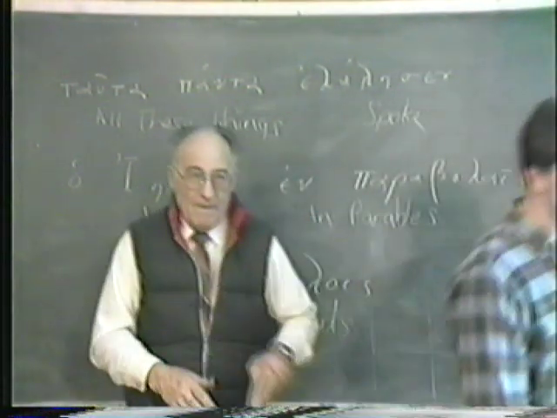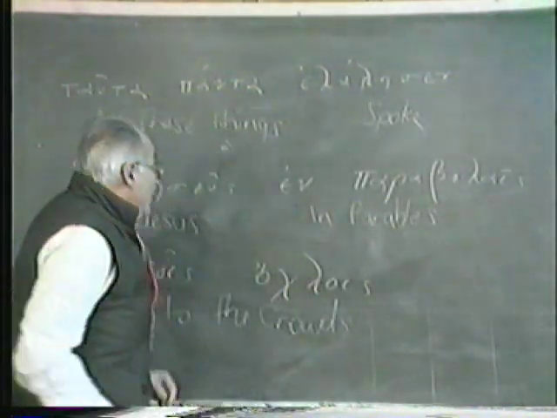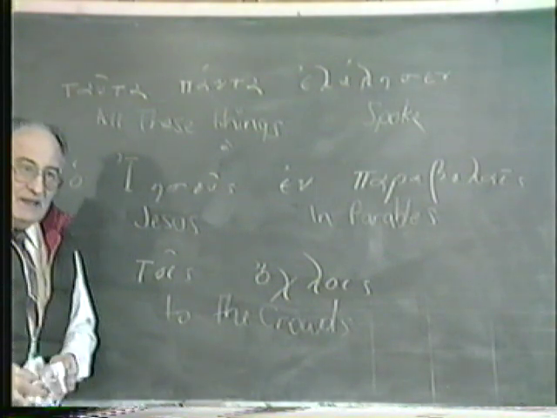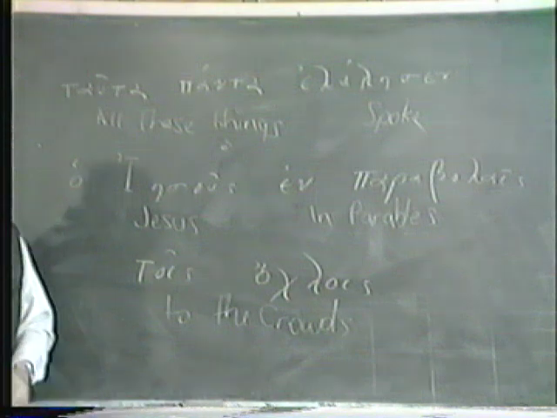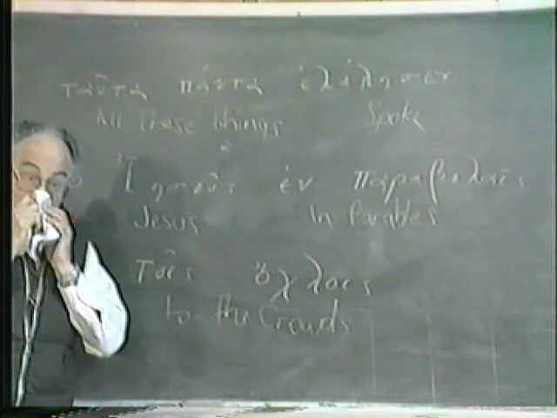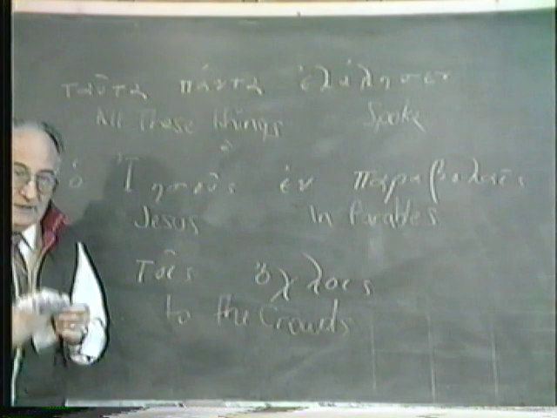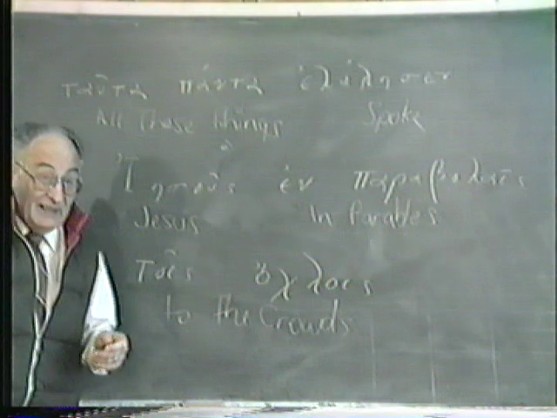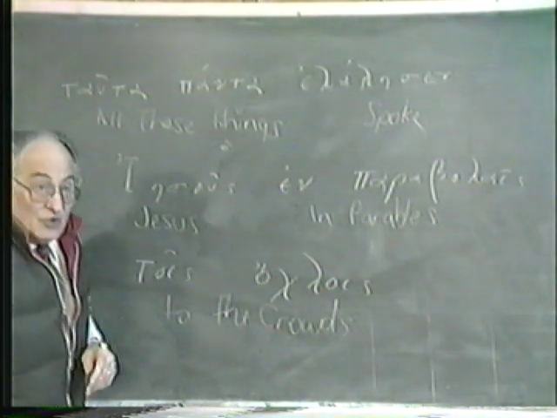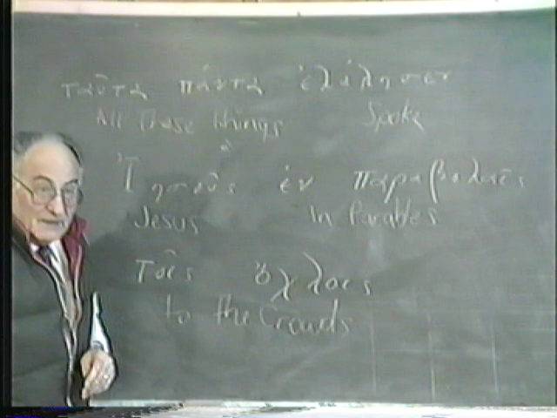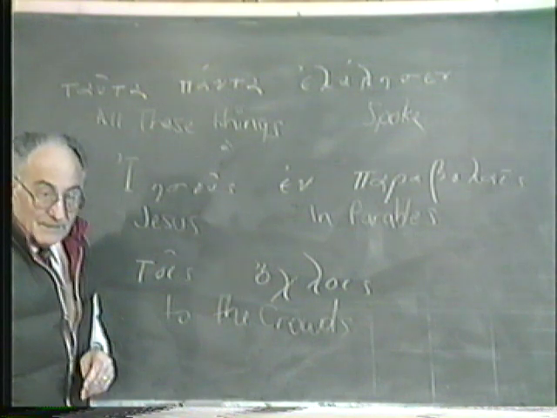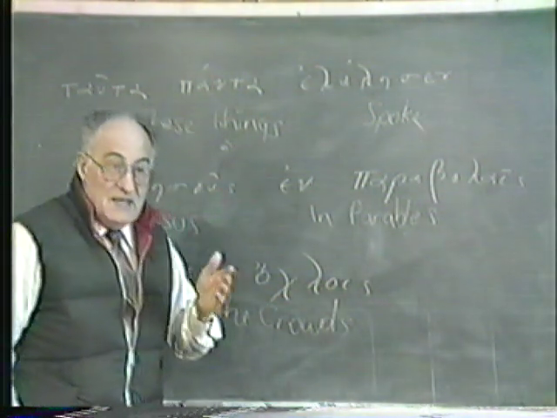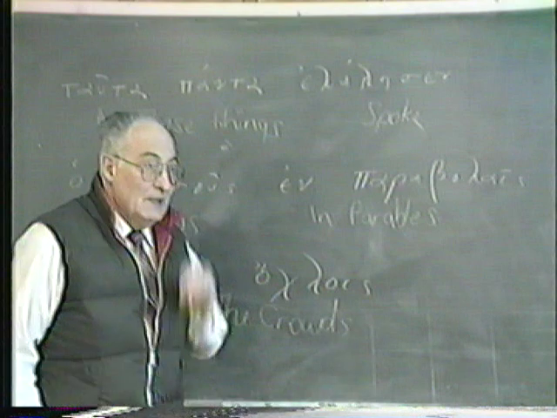You said that tauta, being plural, demanded something, required something. Because it is a neuter. It's a pronoun, these, and you have to add what it refers to: these things, and it's a neuter. If it were masculine, it would be these men or these words.